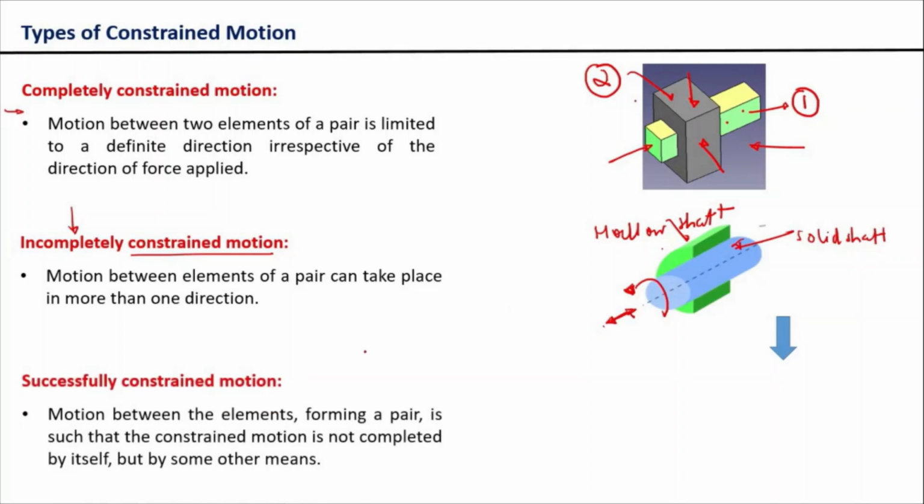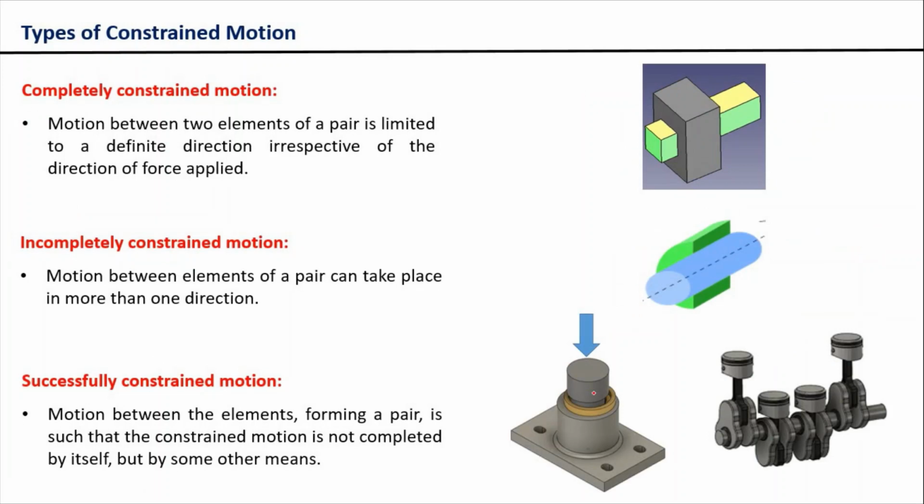Now let's talk about successfully constrained motion. As the name suggests, the motion between elements has to be made constrained by some external means. Now let us see an example of a successfully constrained motion. In the first picture, this is an example of a footstep bearing.